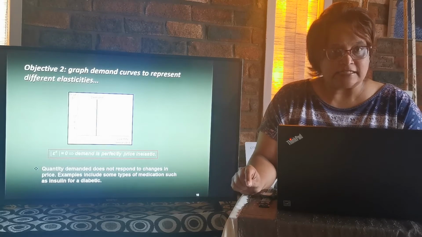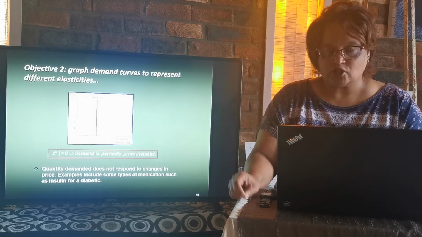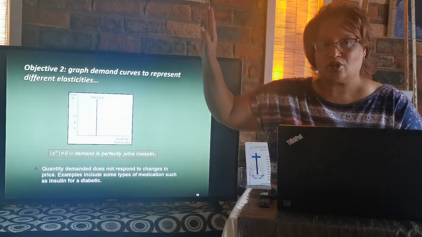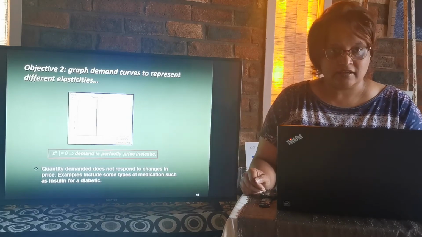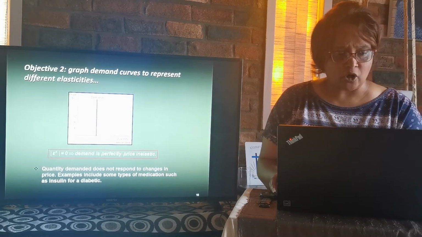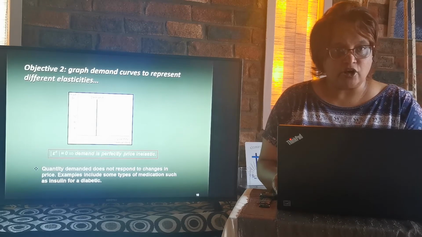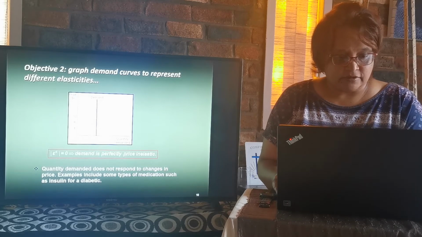Quantity demanded does not respond to changes in price. So whether the price is changing to 300 Rand or to 10 Rand, the demand will stay the same. There will not be any responsiveness or reaction of the demand.